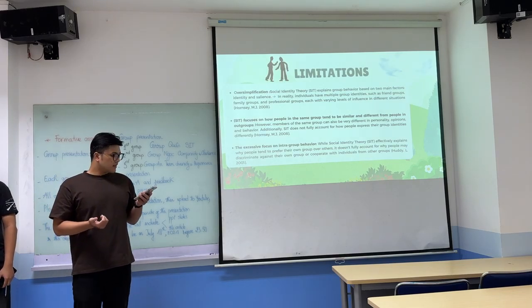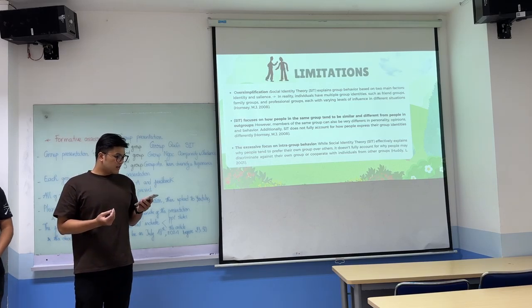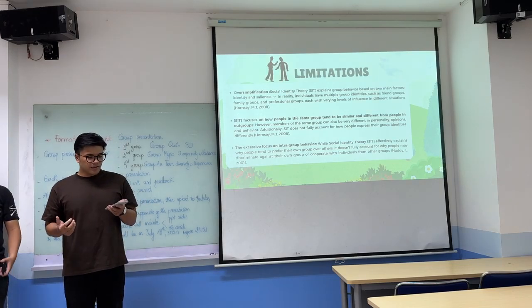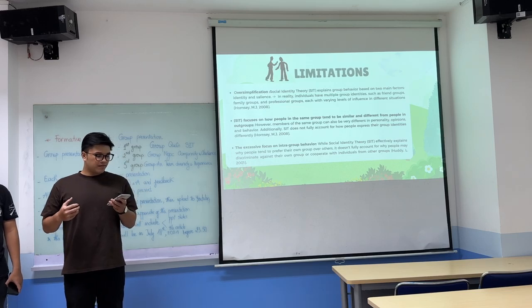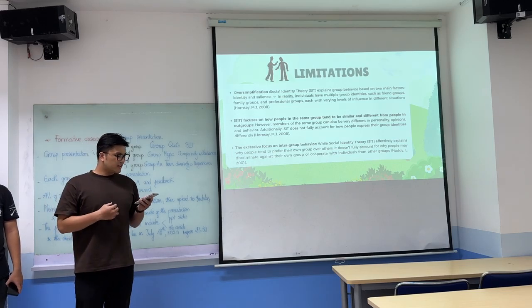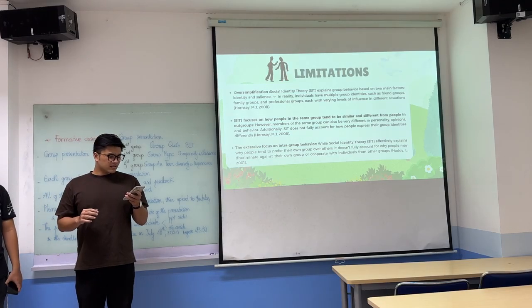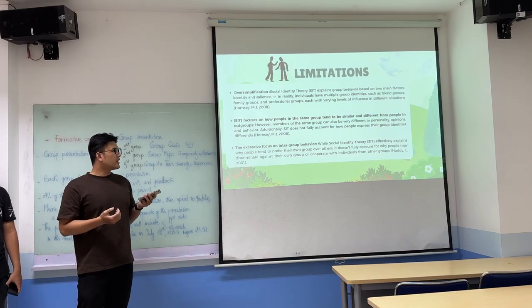The following limitation is that scientists just focus on how people in similar groups tend to be similar and different from people in other groups, but members of the same group can be very different in personality, opinions, and behavior. And lastly, SIT focuses on intergroup behaviors.